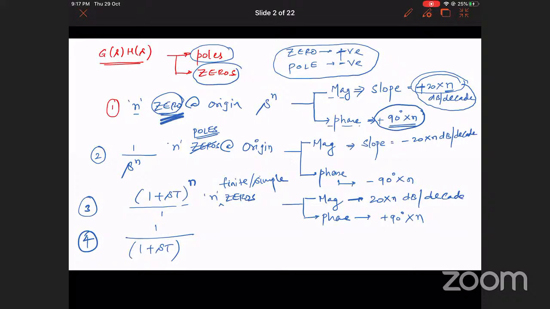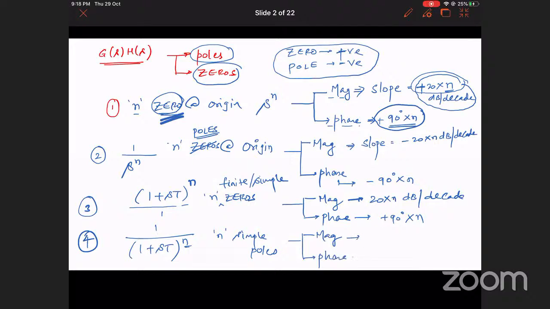But on top of that, if you write n, it indicates there are n simple poles. For example, if this n happens to be 2, then I would say there are 2 simple poles and so on. Again, it is going to contribute in magnitude and phase.